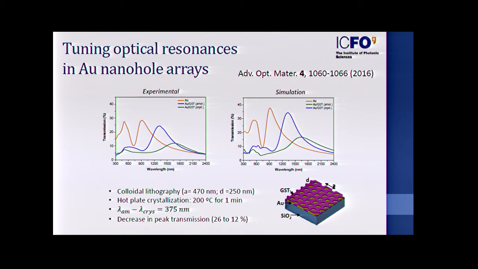For example, here you go from 900 to 1,300 nanometers when you go from the gold structure to the phase change material, and then when you switch from the amorphous to the crystalline phase, you have an even more significant wavelength shift.